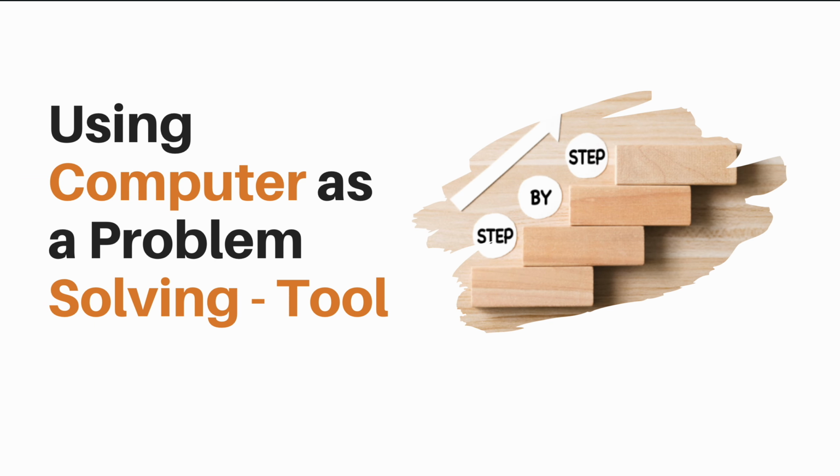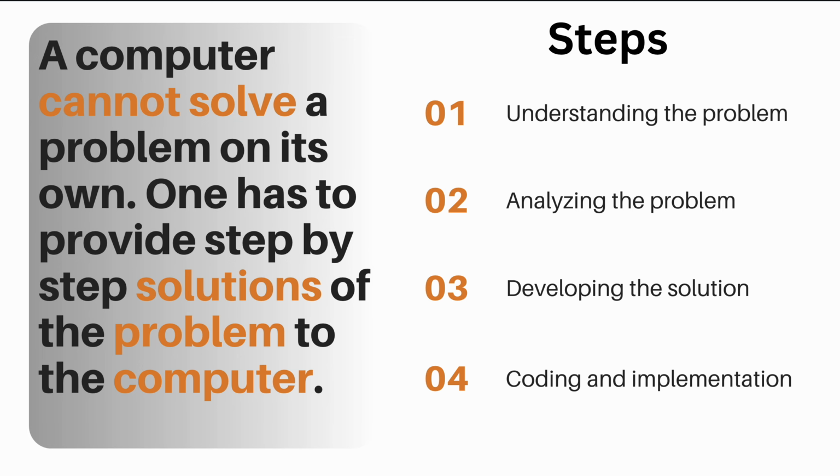In a computer, what are the tools you can use to solve the problem? As I have put it in the picture step by step, what it means is that a computer cannot solve a problem on its own. One has to provide step by step solutions of the problem to the computer, right? So what does this mean?